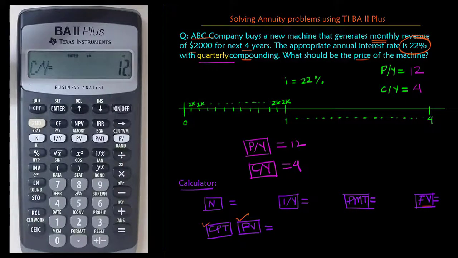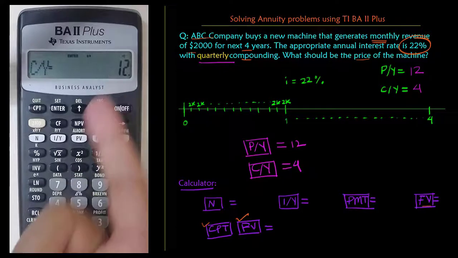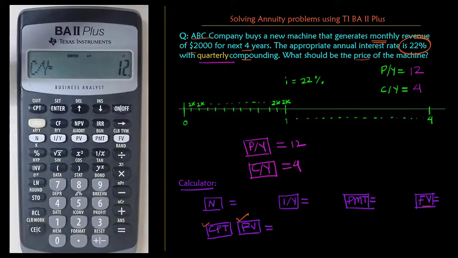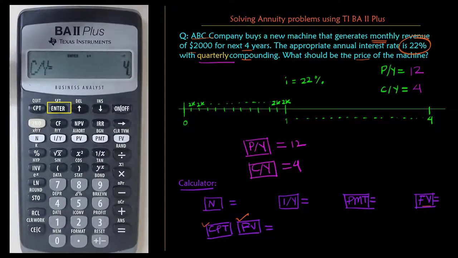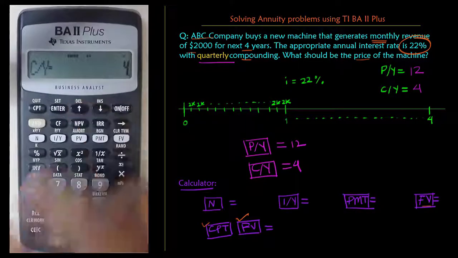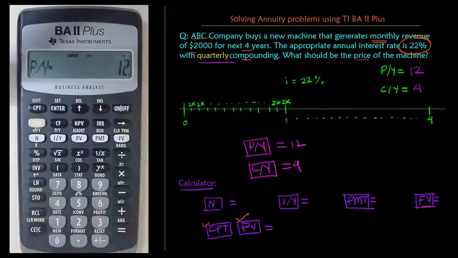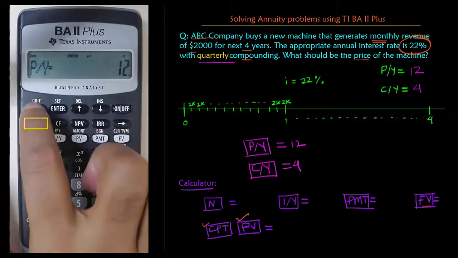Anytime you change the value of P/Y, the value of C/Y also gets set to the value of P/Y. So C/Y is also showing 12 here. Let's change this. Press 4 and press enter. Now C/Y is 4 and P/Y is 12, just what we need. Then exit this menu.